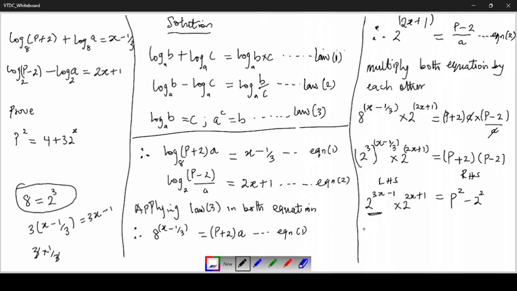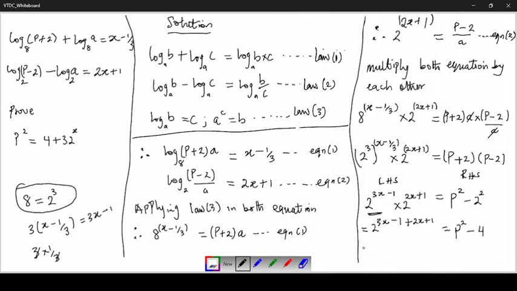So I have here equal to 2 raised to the power of 3x minus 1, plus 2x plus 1, is equal to p squared minus 4. So let us simplify this.